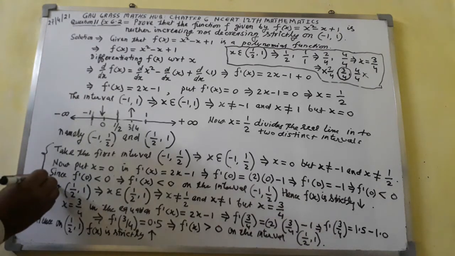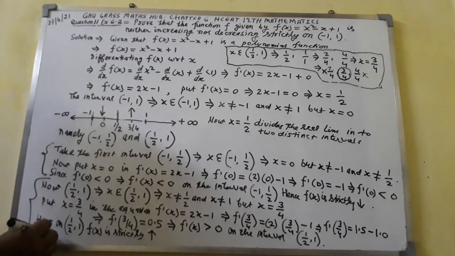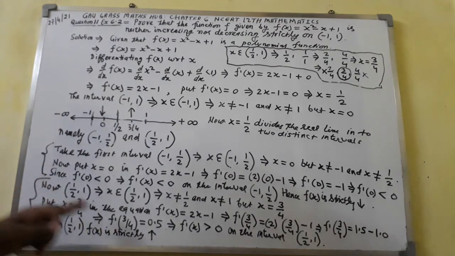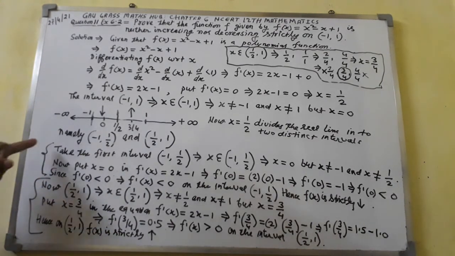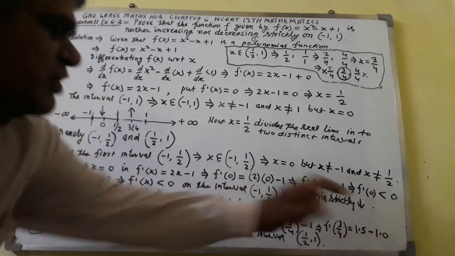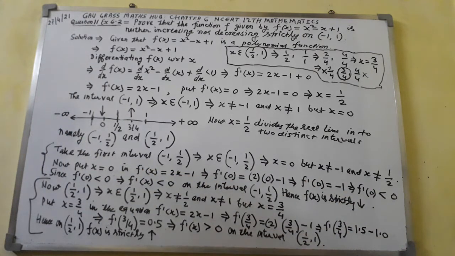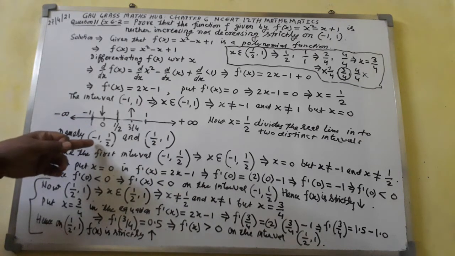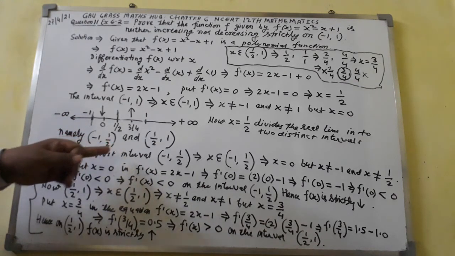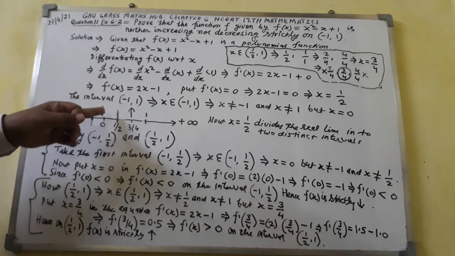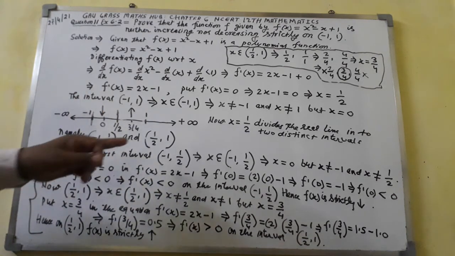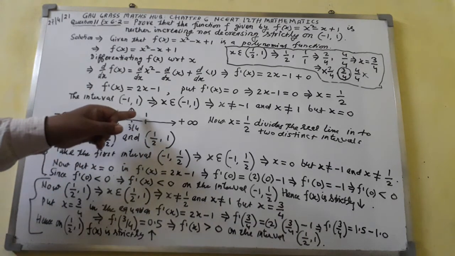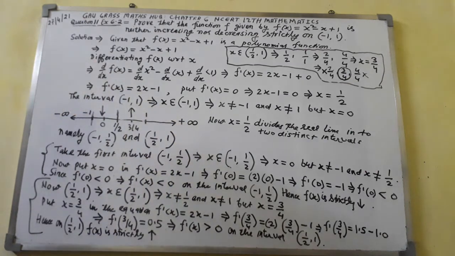So this scenario from this place to this place will be covered from this point to this point, 1 point, from this point to this point, 1 point. So here I have proved that on the open interval -1 comma 1/2, f of x is strictly decreasing, and on the open interval 1/2 comma 1, f of x is strictly increasing.